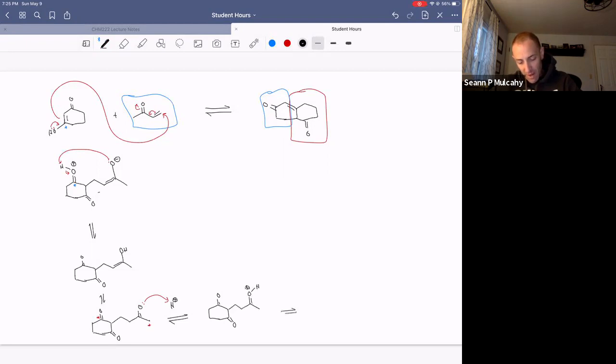And when we protonate that, this proton becomes more acidic. So now water in our phosphoric acid can come along, do a deprotonation to give us an enol. Like this. That enol can then do the aldol reaction. Okay.